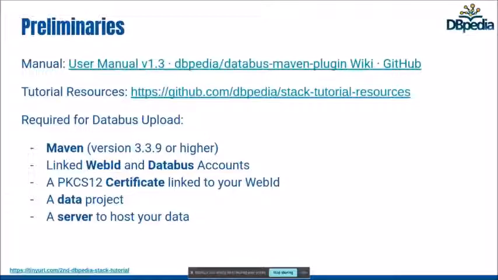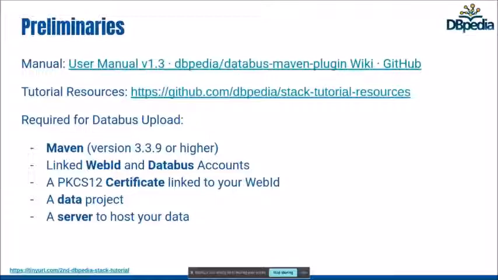And this is way more extensive. Feel free to have a look at it if there are any problems with your databus upload. And also, I shared in the chat a link to a GitHub repository where the resources that I'm going to use today are available. You can clone that repository and follow along.